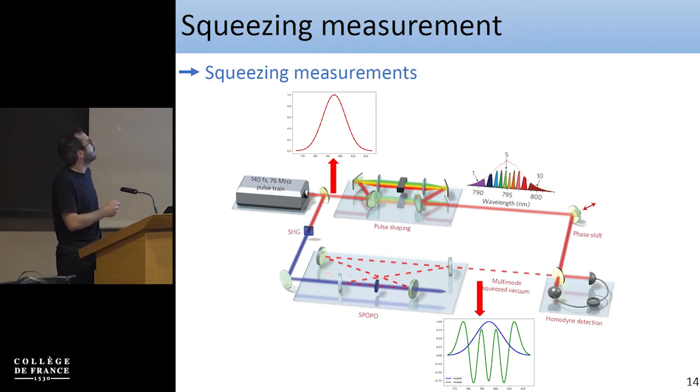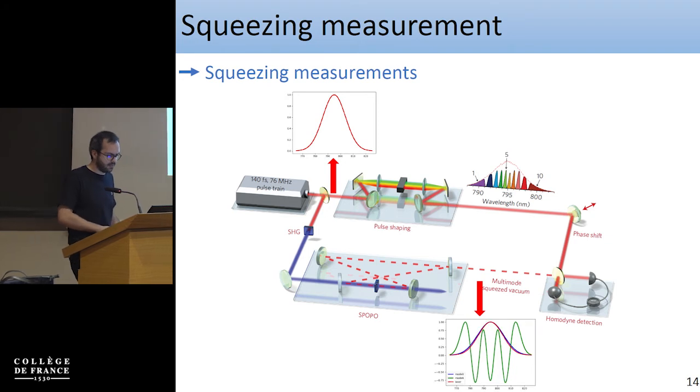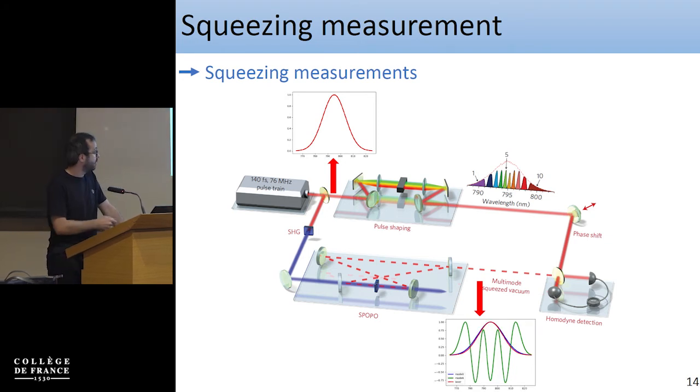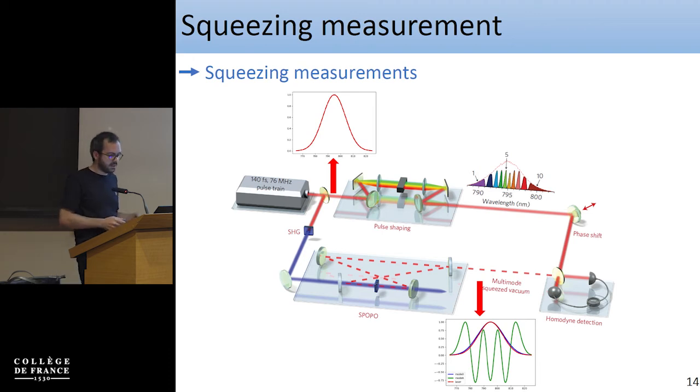So here, this is the spectrum of the laser, and this is the spectrum of my output state of the SPOPO. In blue it's mode 0, and in green mode 6. And if I superpose the spectrum of my local oscillator, I have this. As you can see, the envelope is not perfect with mode 6. So I'm quite limited to shape my local oscillator in this configuration.